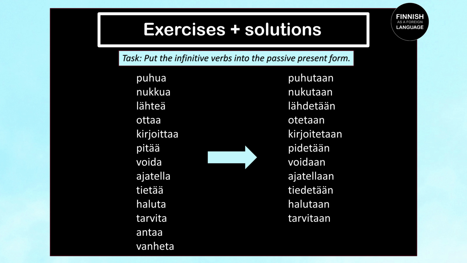Next one, antaa means to give. The passive present is... very nice. It's annetaan. That was verb type 1. And our last one, verb type 6, vanhetaa. Vanhetaa means to age or to become older. Do you know the passive present? Excellent, it's vanhetaan. Very nice.